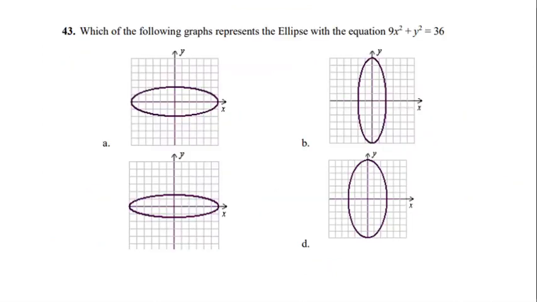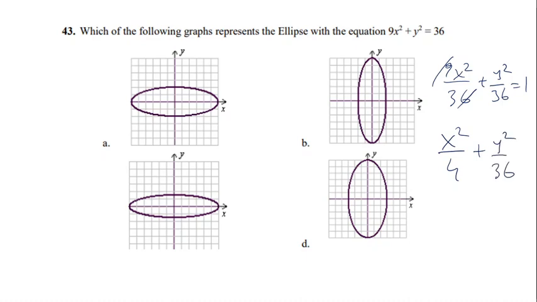Which of the following graphs represents the ellipse with the equation 9x squared plus y squared equals 36? In order to do this one, you divide by 36, and it will be equal to 1, and you end up with x squared over 4 plus y squared over 36.